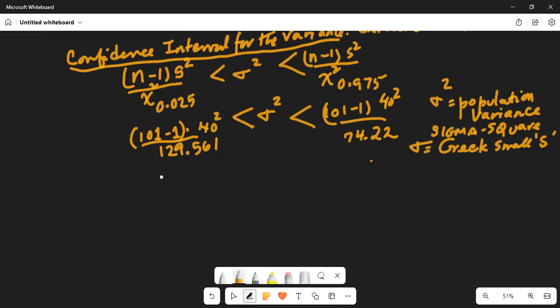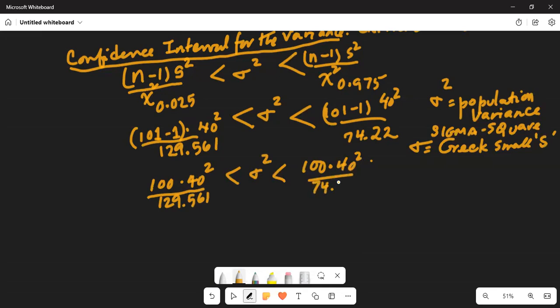Okay, so this is 100 multiplied by 40 square divided by 129.561, less than sigma square, less than 100 times 40 square divided by 74.22. So let's crank out the number using our calculator.